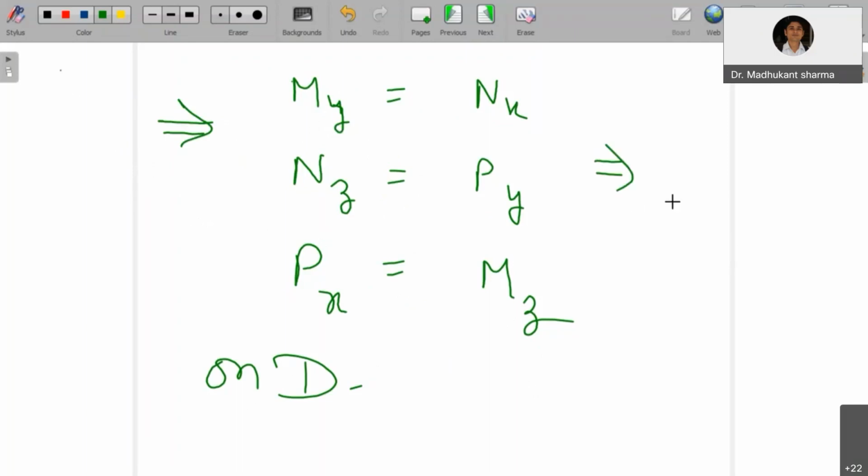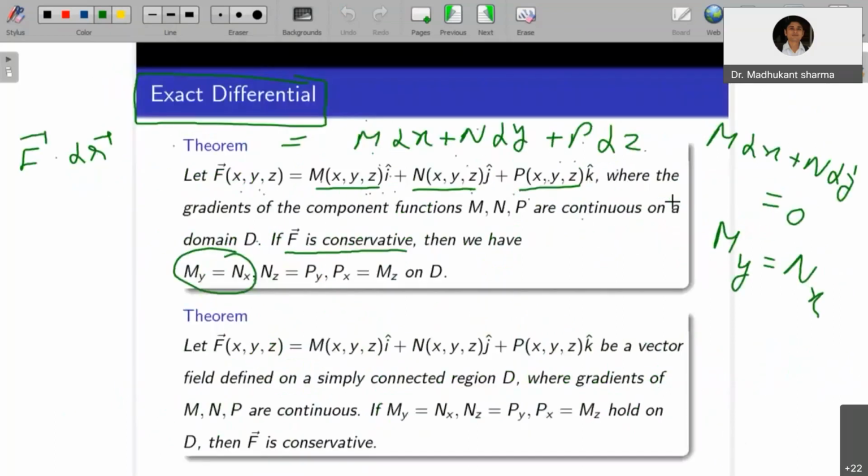Okay. So this is what the next result says: let F equals this be a vector field defined on a simply connected region D, where gradients of M, N, and P are continuous. If these conditions hold, then F is conservative.